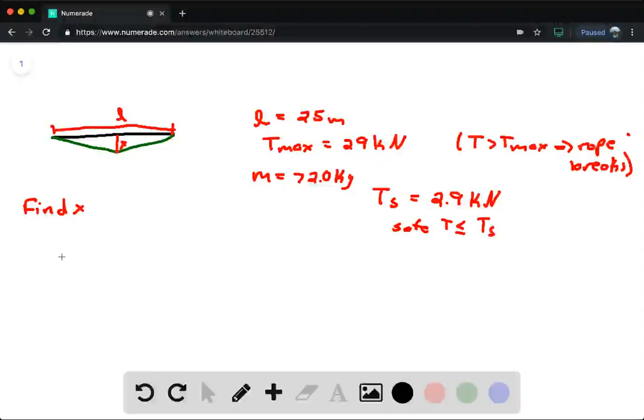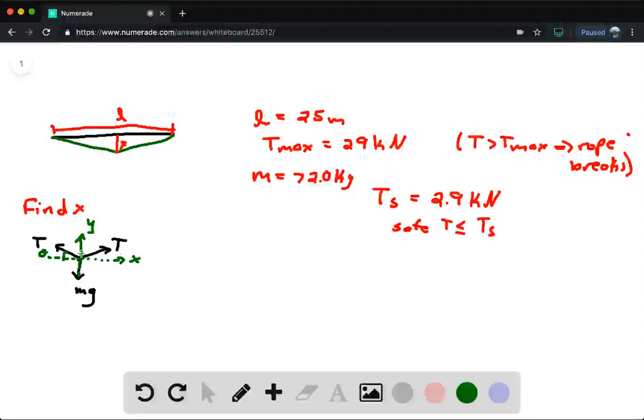So we can draw a free body diagram for Bob. He's experiencing the force of gravity, mg, and the tension force from either side of the rope. We can draw a coordinate system here, and we don't know this angle theta.